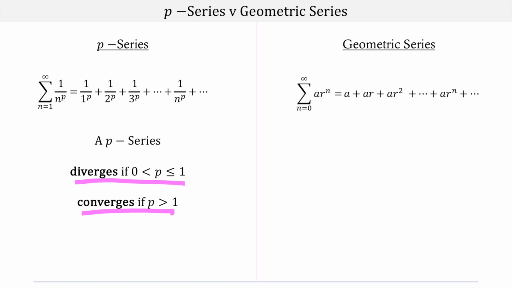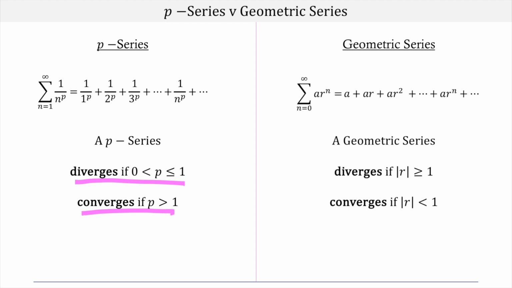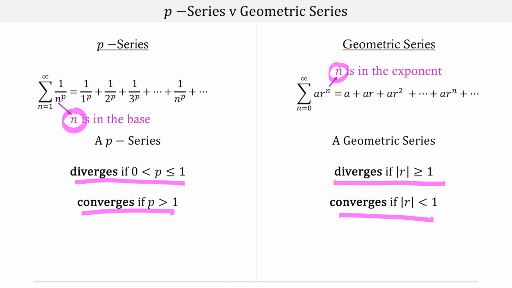Now, a geometric series, the one we learned last time, diverges when r is greater than or equal to 1 and converges if r is less than 1. So, it's backwards. So it's important to recognize that those are different. In a p-series, n is on the base, and in a geometric series, n is in the exponent. So it might take some practice to get those straight.